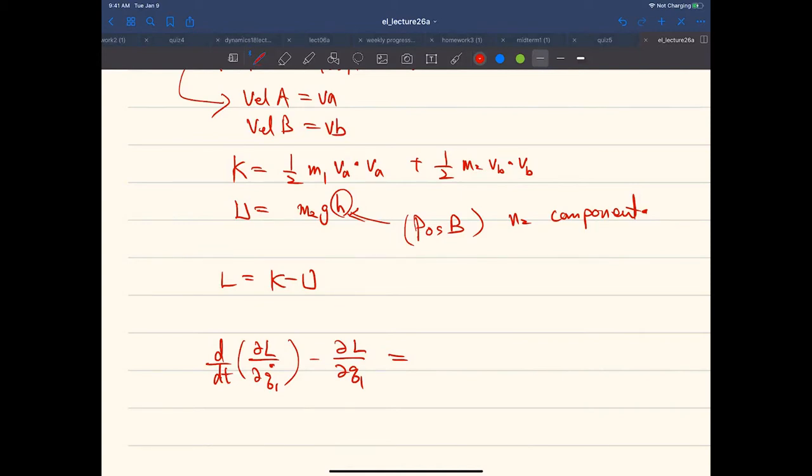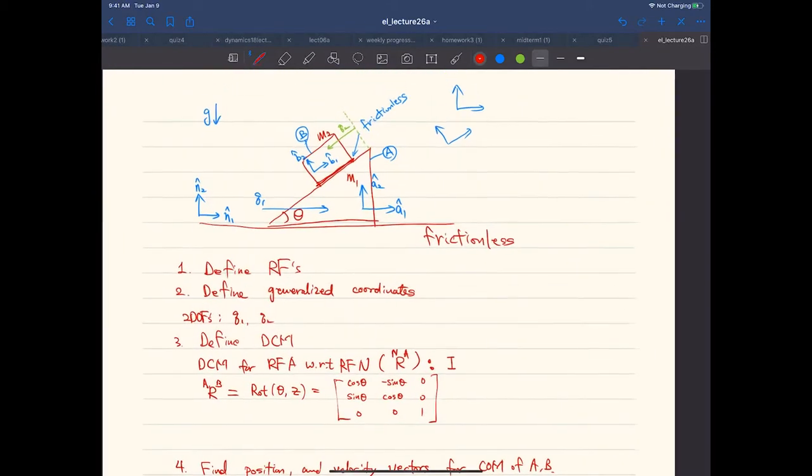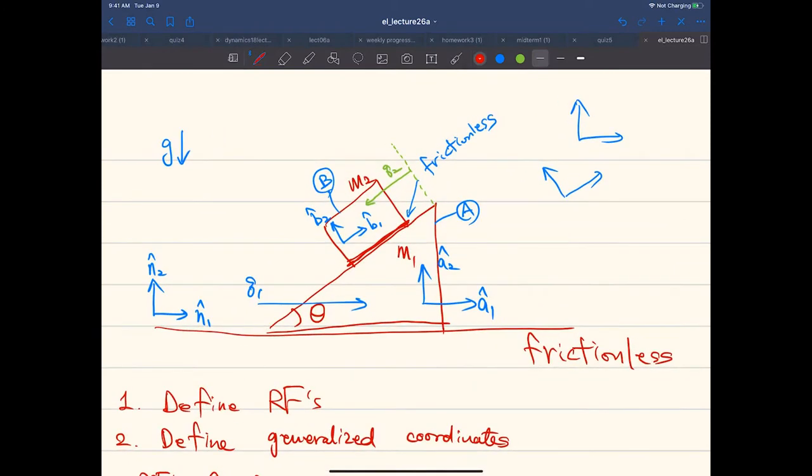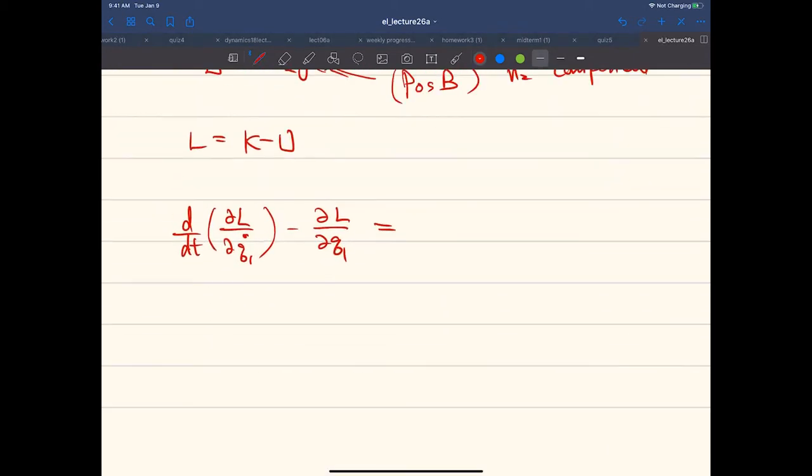It's straight movement, translational movement. But what are the forces that we need to add in this case? Do we have any external forces other than the gravity? We don't have any other forces. This is just a free movement, right? So we can just simply set this one to be 0.